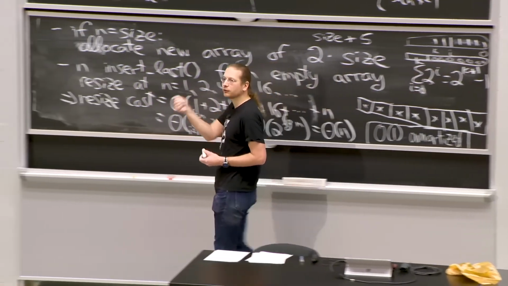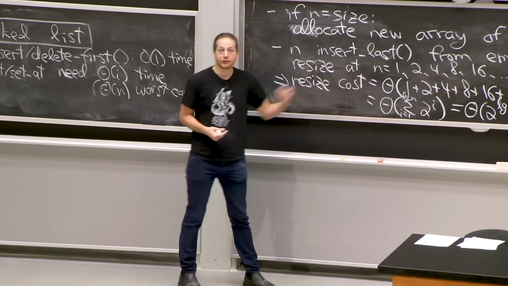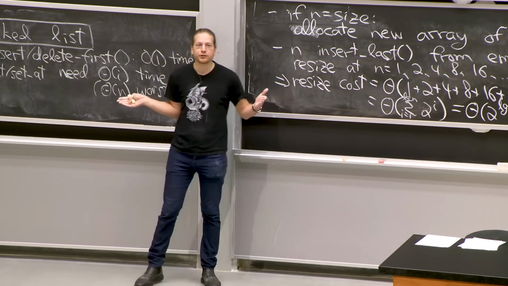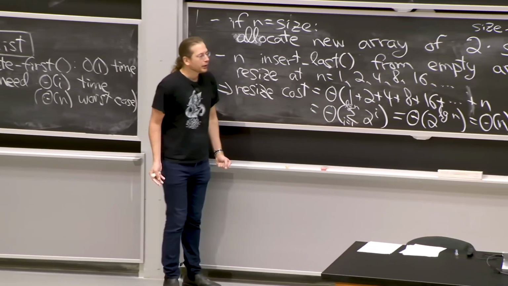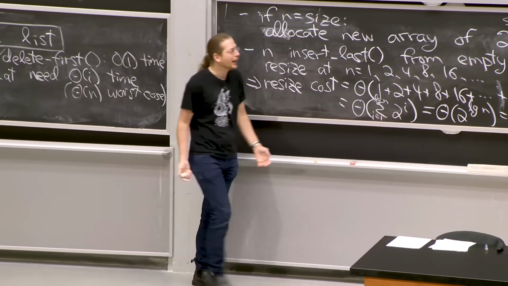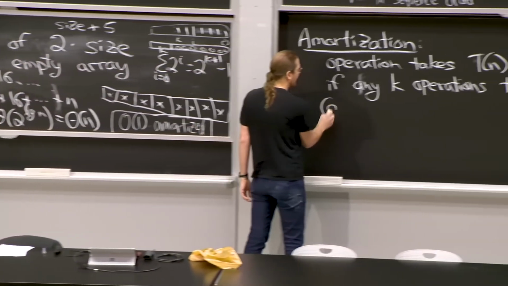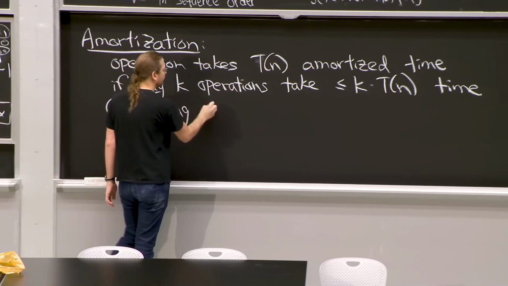So while individual operations will be expensive, one near the end, when I have to resize the array, is going to take linear time just for that one operation. But most of the operations are cheap. Most of them are constant. So I can think of charging that high cost to all of the other operations that made it happen. And so this is averaging over the operation sequence.